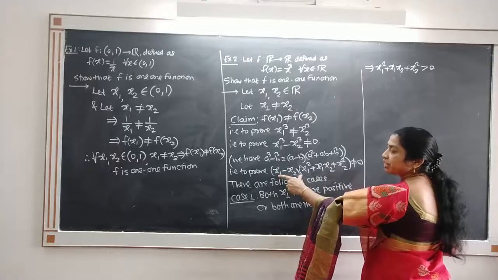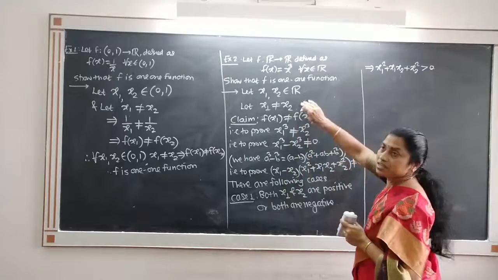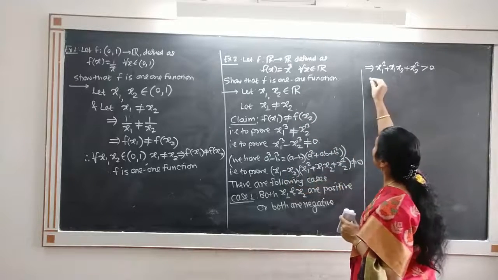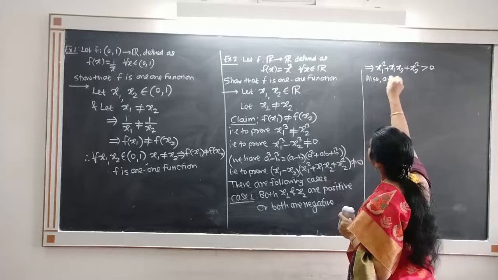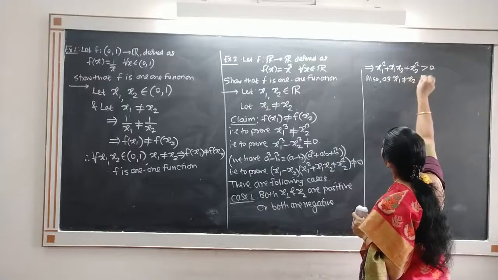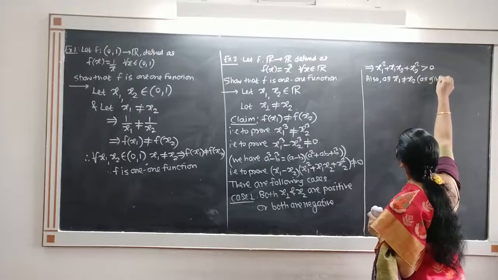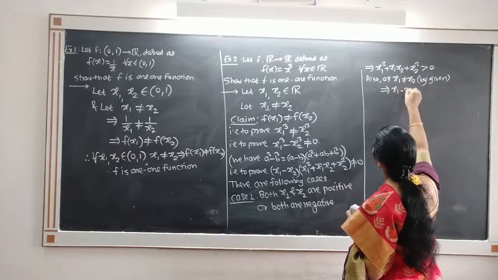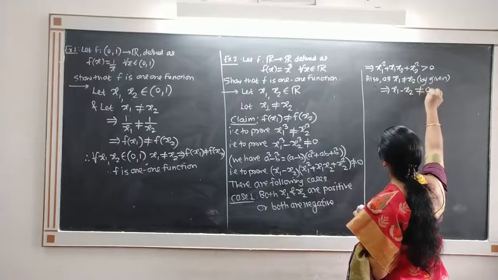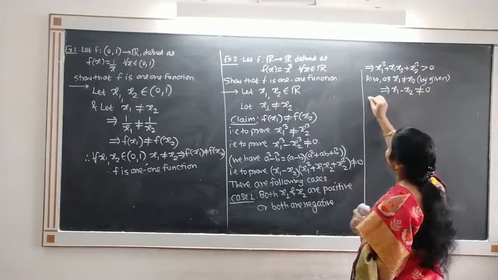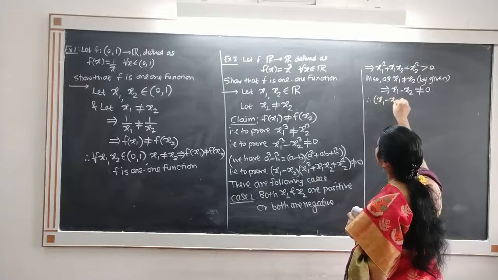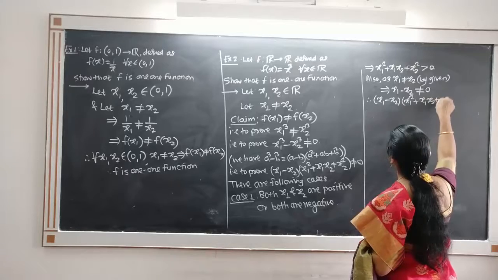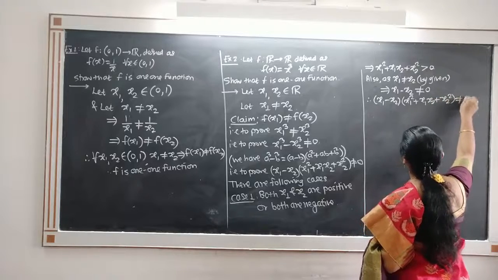What about x1 and x2? x1 is not equal to x2 is given. Therefore, x1 minus x2 is also not equal to 0. Therefore, the total product (x1 minus x2) into (x1 square plus x1 x2 plus x2 square) is not equal to 0.